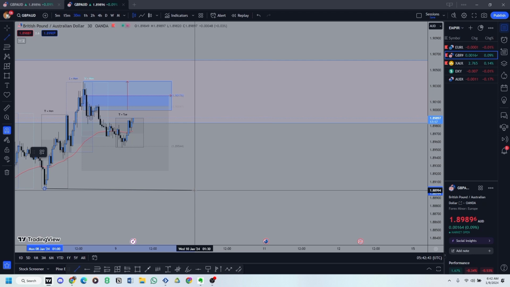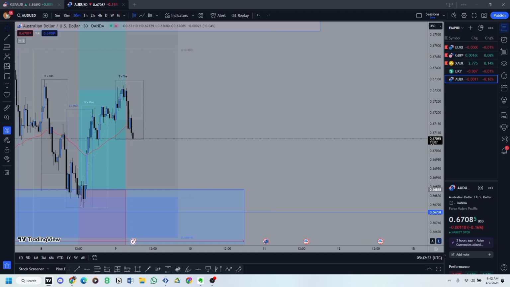So if pound Aussie is going up, AUD/USD should be coming down. So AUD/USD has given us some kind of profit, almost 2 hours basically, but we are holding the position for a continuation for pound Aussie.